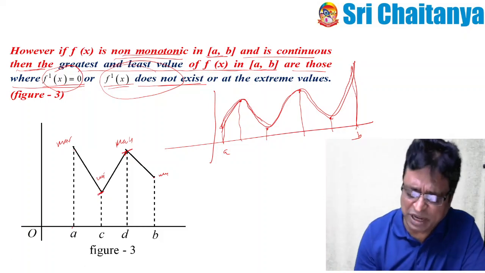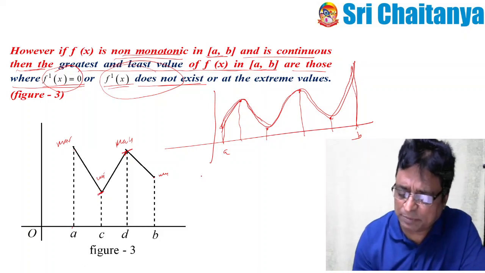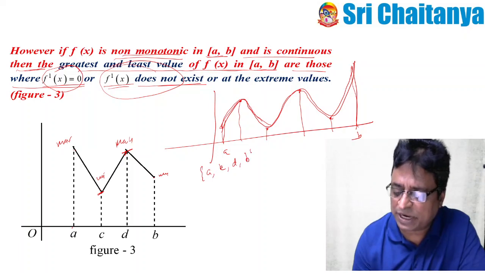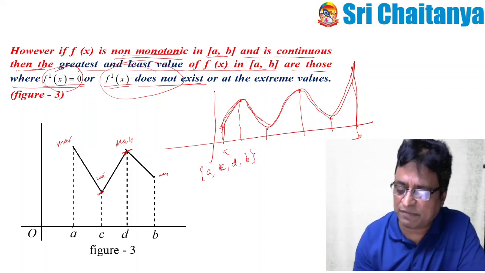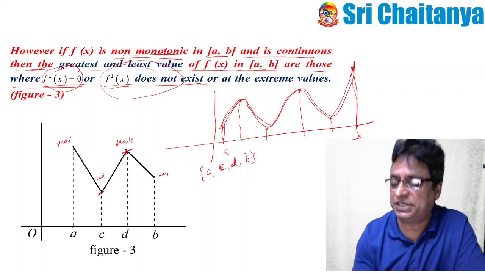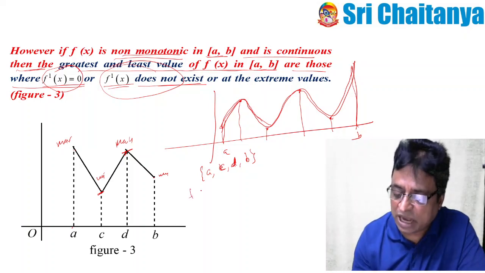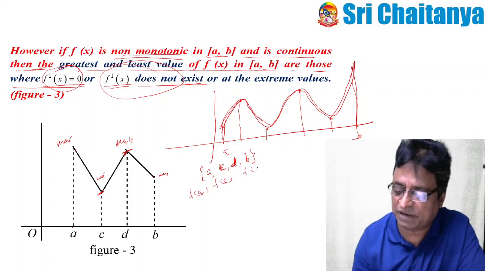But anyhow, these are the points. What are the points including a and b? How many points are there? a, c, d, b. a and b are the end points, and c, d are points where the function is not defined with differentiation. But what I am doing is finding all functional values at each and every point: f of a, f of c, f of d, f of b.